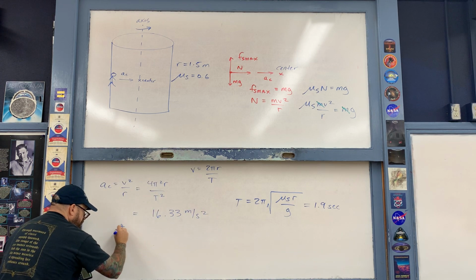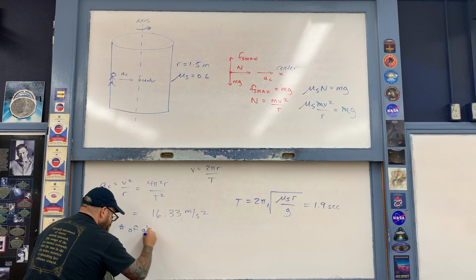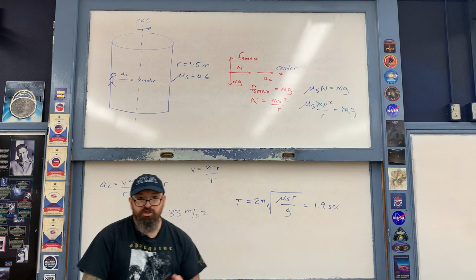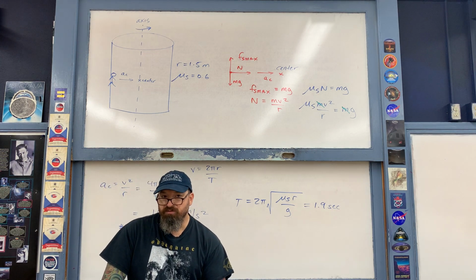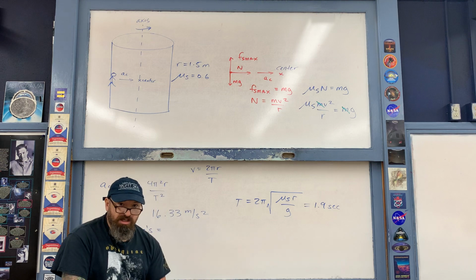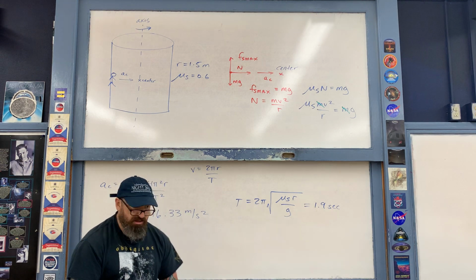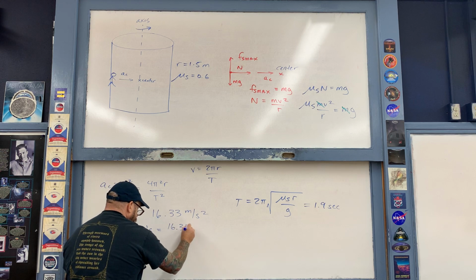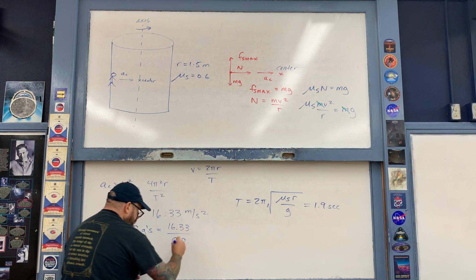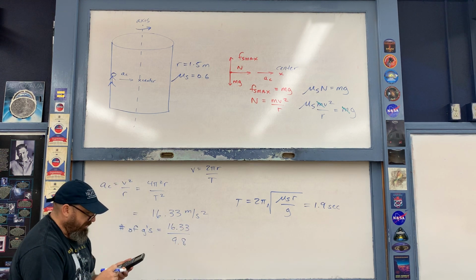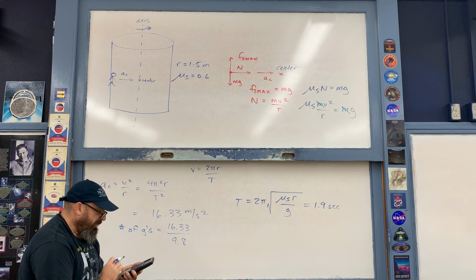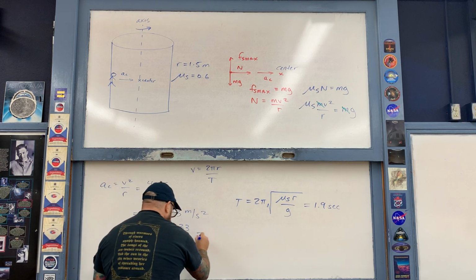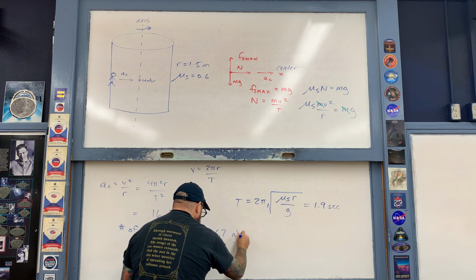And therefore the number of g's of acceleration. The phrase g force, by the way, is somewhat of a misnomer. The amount of g's is how many 9.8s you feel. So I'm going to take 16.33 and divide it by 9.8. All the units will cancel out. This is a dimensionless quantity, and it comes out to be about 1.67 g's, as we said.